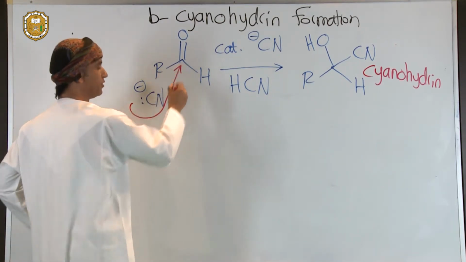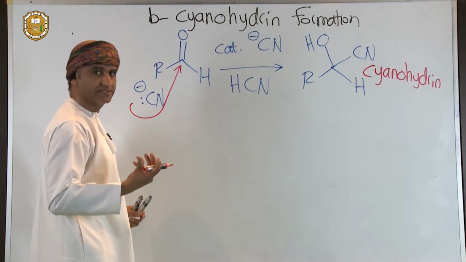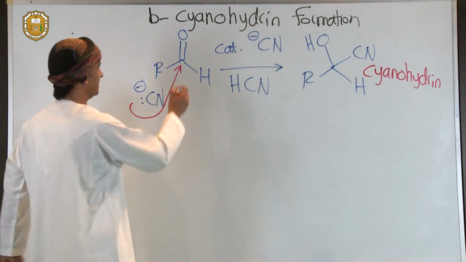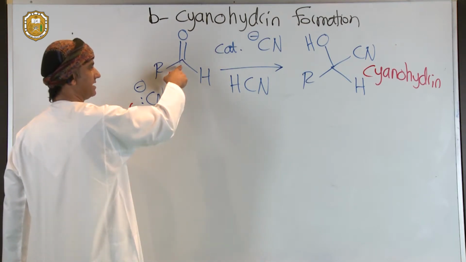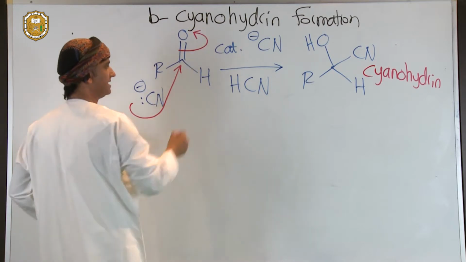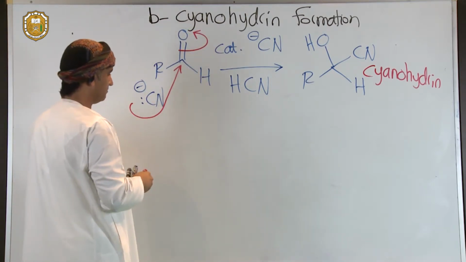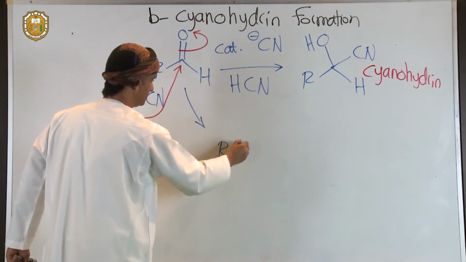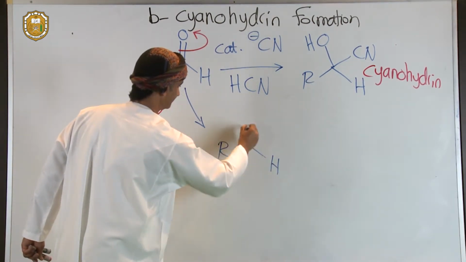And remember the Burgi-Dunitz angle, the angle of attack of nucleophiles on aldehydes and ketones. So the nucleophile attacks that carbon, and the carbon-oxygen double bond simultaneously breaks. And if that happens, we get the nucleophilic addition product.